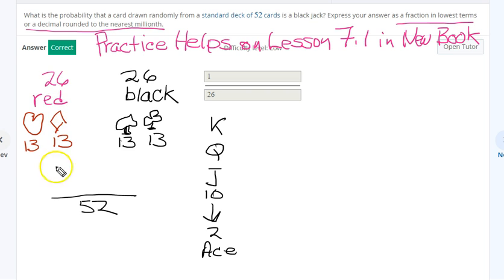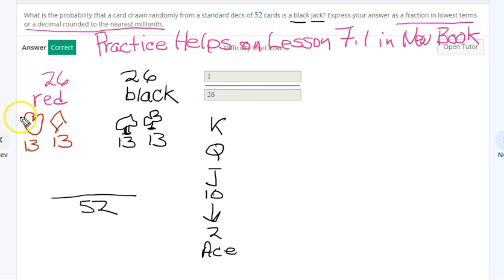So now that we have an understanding of what's in a deck of cards, we want to get a black jack. Well, there are 2 suits of blacks, and there would be 2 jacks that are black.